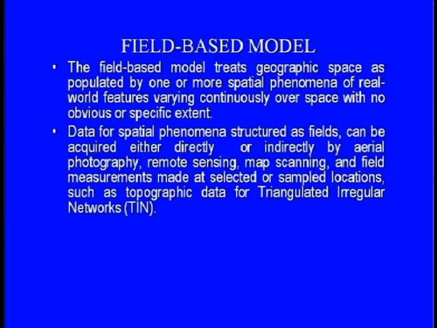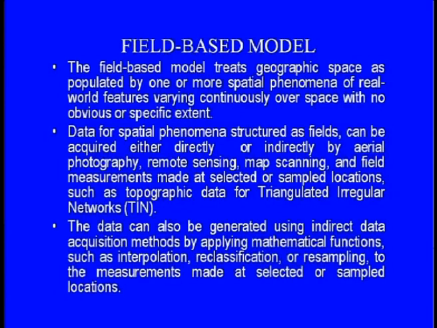Data for spatial phenomena structured as fields can be acquired directly or indirectly by aerial photographs, remote sensing, map scanning, and field measurements made at selected or sampled locations, such as topographic data, which can be represented by triangulated irregular networks, or in short TIN.